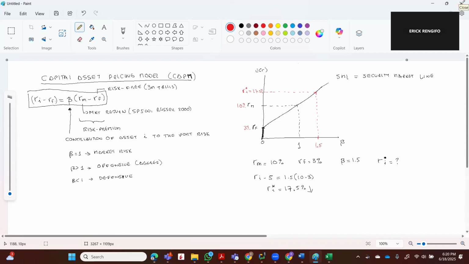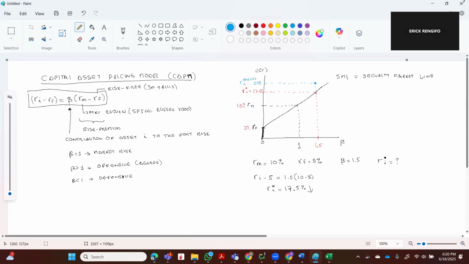So let's assume now, guys, that in real life, this asset is returning 20%. This is real life. This is return of asset I, real life.